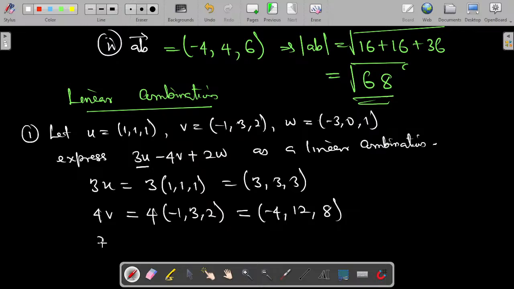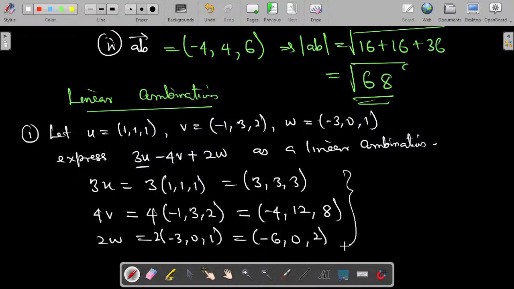Then finally 2w is equal to 2 times your w, (-3, 0, 1), and that is going to give us (-6, 0, 2). So this is what we call scalar multiplication, using a number to multiply a vector.